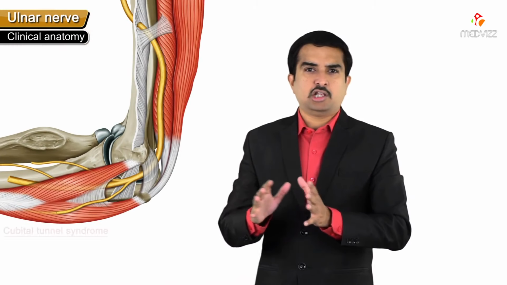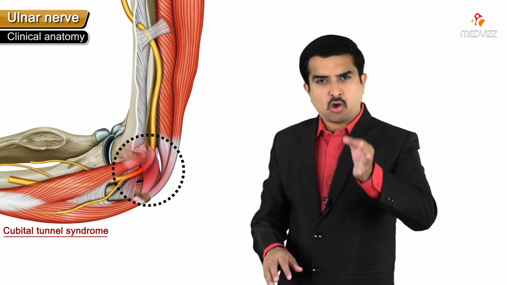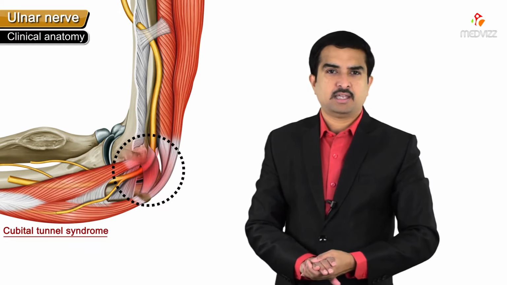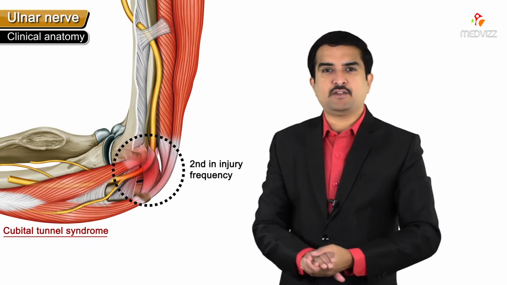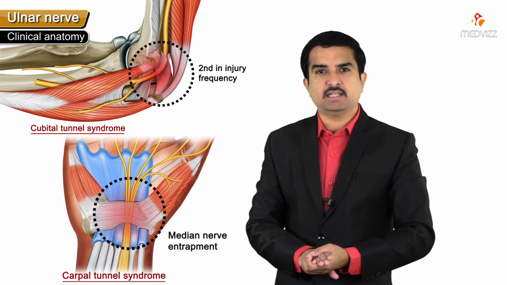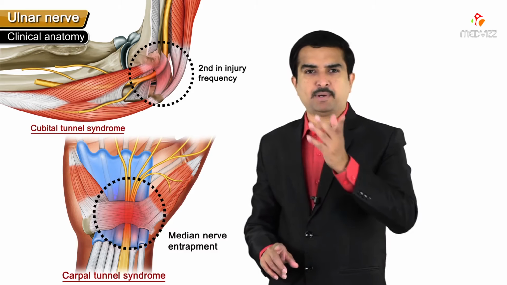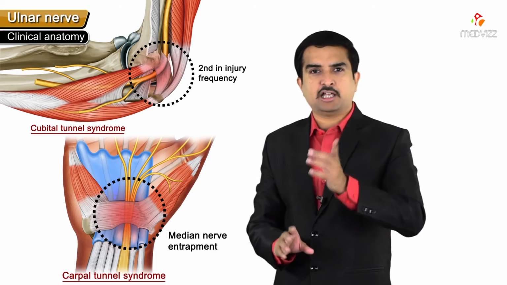In general, ulnar neuropathy, especially at the elbow, is a common focal neuropathy affecting the upper extremity, and it is second in frequency only after the entrapment of the median nerve at the wrist, that is carpal tunnel syndrome. So the most common peripheral nerve neuropathy of the upper limb is carpal tunnel syndrome, and the second most common is ulnar neuropathy.